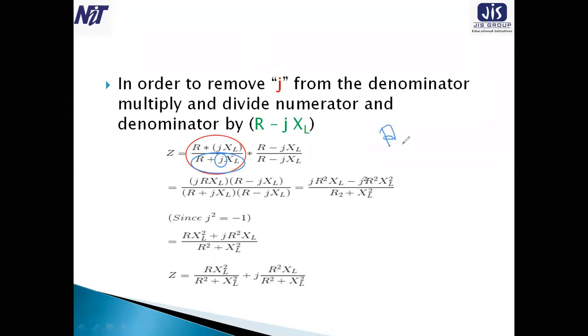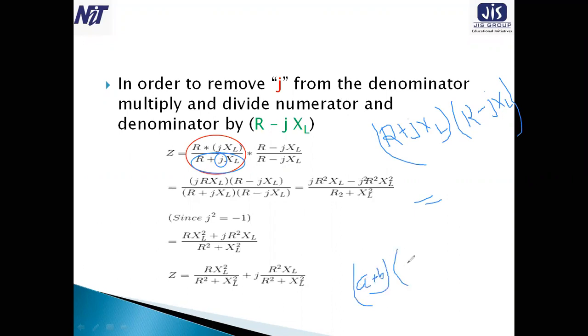Because R plus jXL into R minus jXL. Okay, the algebra formula: A plus B into A minus B. Tell me what is the result? A square minus B square.